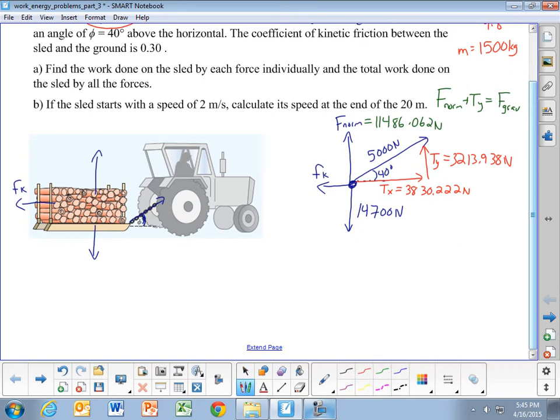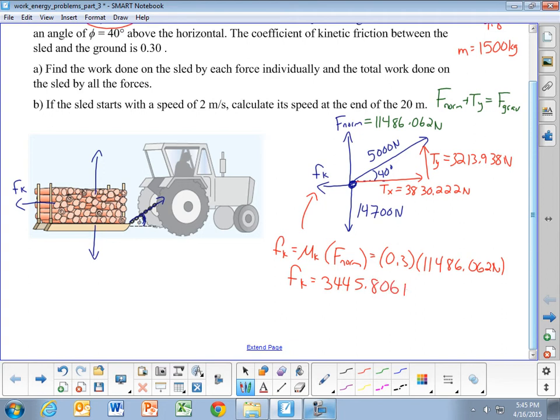Then finally, the force of friction is the coefficient of friction times the normal force, which would be 0.3 times 11,486.062. So the force of friction is 3,445.806 newtons.